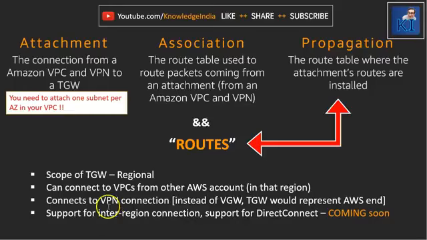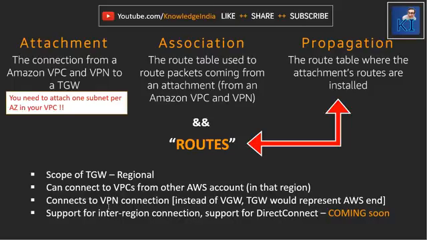We already discussed that you can connect not only to VPC but to VPN connection as well. And when you are using a VPN connection with TGW, then the AWS end would be TGW and not the virtual private gateway, which in short we call VGW. Okay, so these parts are clear.